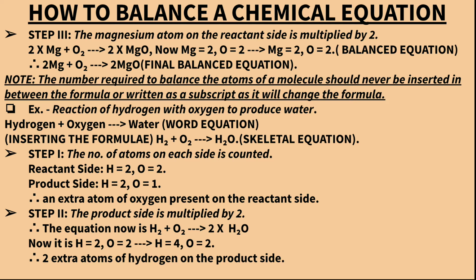The equation now comes as H2 plus O2 gives us 2 into H2O. Now on the reactant side H is equal to 2, O is equal to 2, and H is equal to 4 on the product side, and O is equal to 2 on the product side. So 2 extra atoms of hydrogen are present on the product side after step 2.